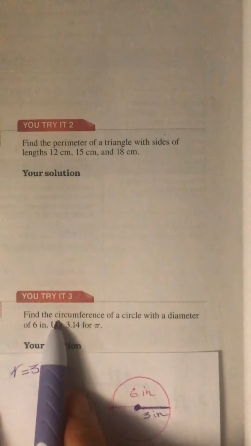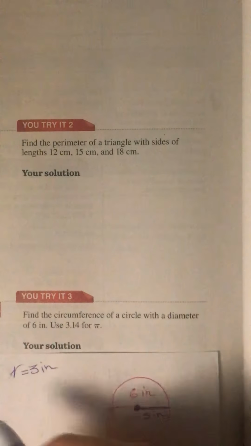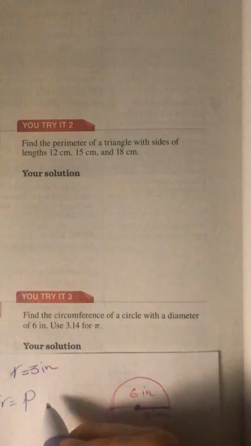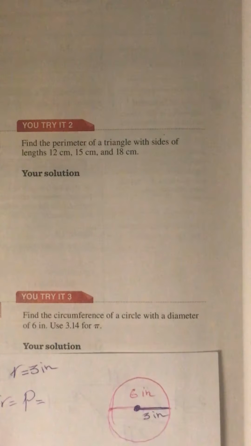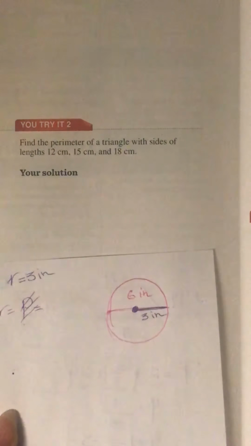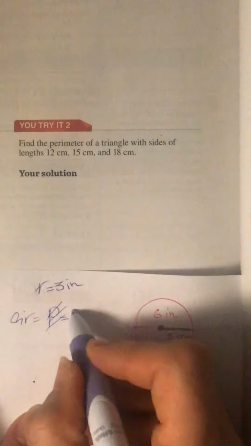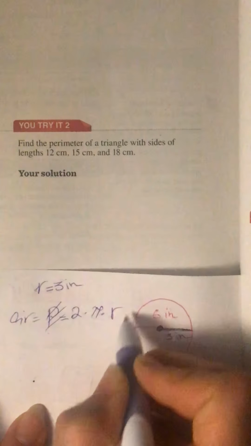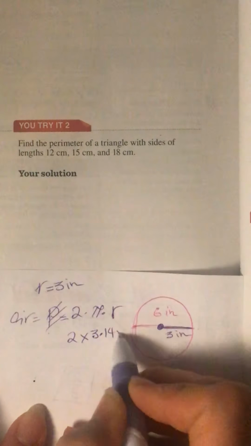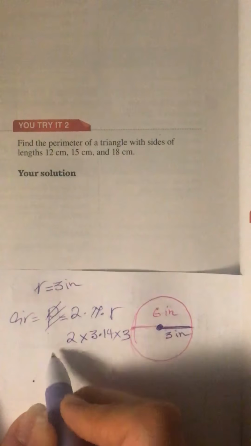What do they want? Circumference. What is circumference? Circumference is the perimeter of a circle. Formula. Do we need a formula for that? Obviously. This is the only shape that we do need a formula for. So, the perimeter of a circle, we'll call it the circumference, is going to be 2 pi r: 2 times 3.14 times 3.